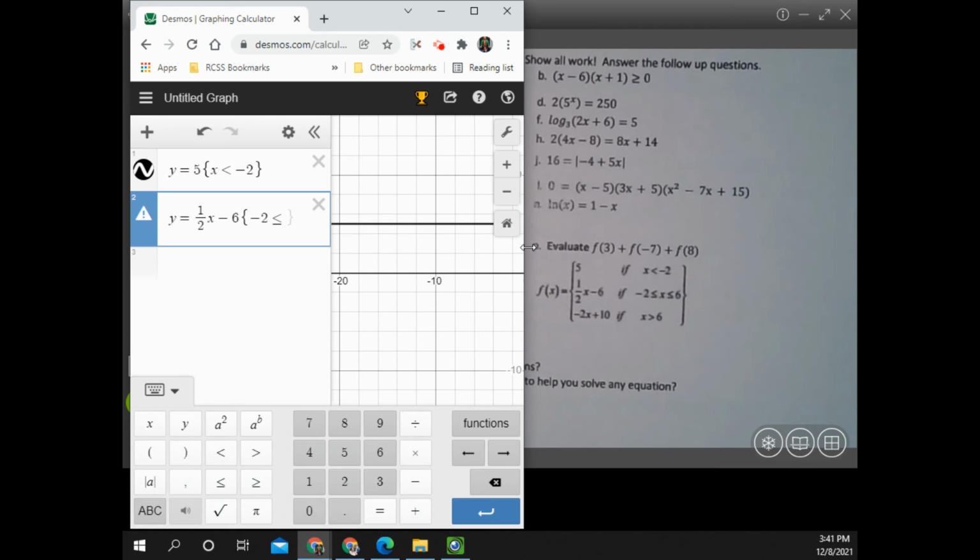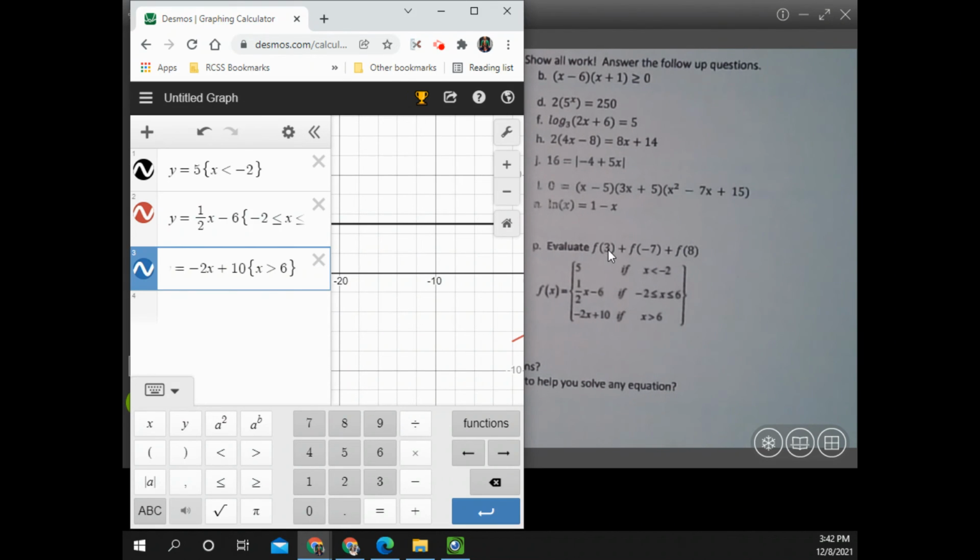If you do less than and hit equal, it'll slide that under there. 6, close squiggly. So that's the second line. Y equals negative 2x plus 10, squiggly, x is greater than 6. So that's how you would enter that into Desmos.